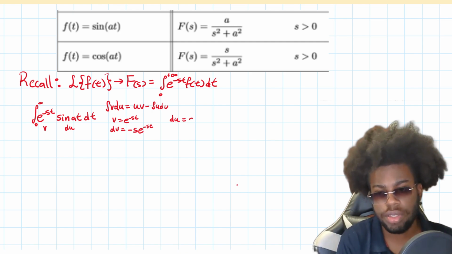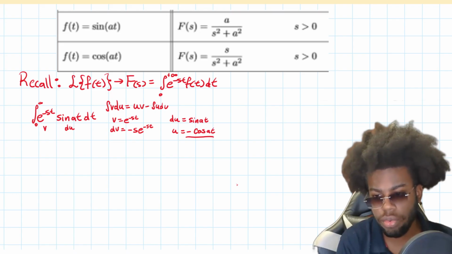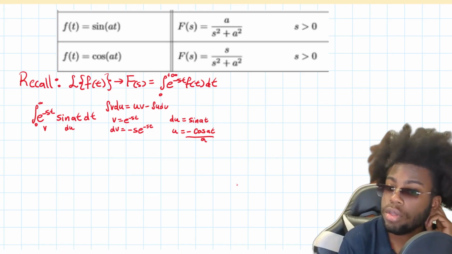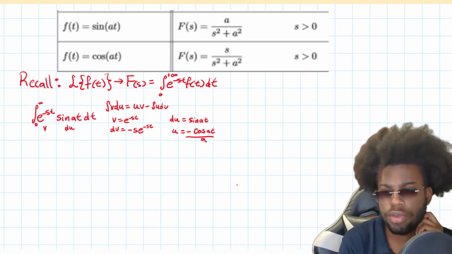Du being sine at is going to make u equal to minus cos at over a. Cool. So let's rewrite this then. So uv is going to be equal to minus e to the minus st cos at over a.